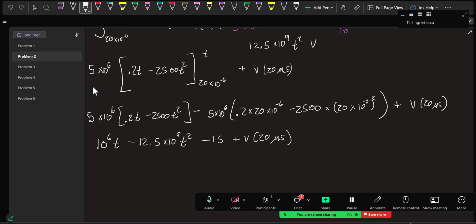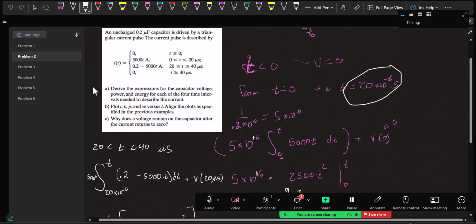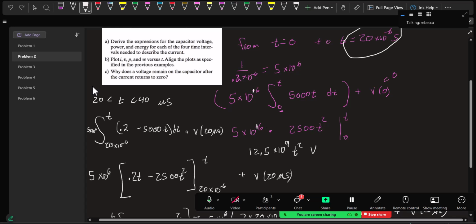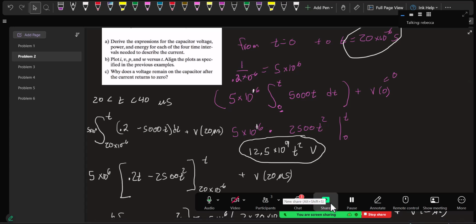Now, how am I going to get the voltage at 20 microseconds? Plug it in. Into what? The first one. I had my answer to my first one because this was good from 0 to 20 microseconds, and we know that the voltage can't change instantaneously. So whatever it was here is what it has to be there as well.